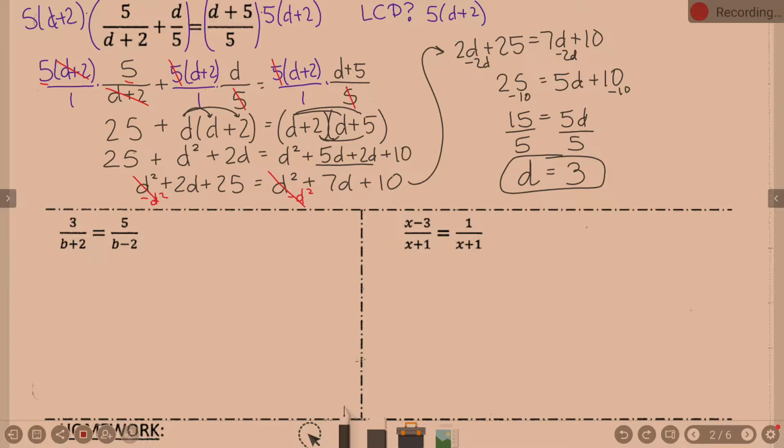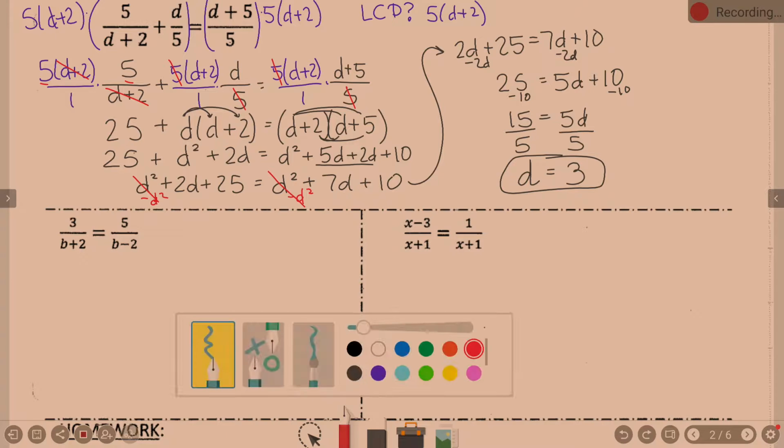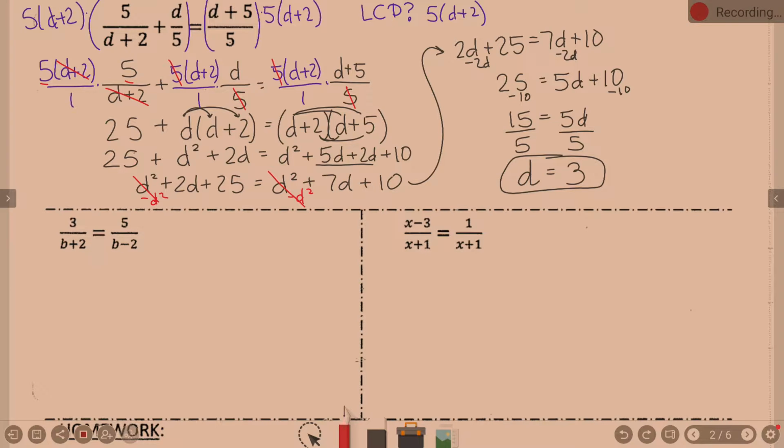Shortcut. Do you guys remember cross products? If you have a fraction equal to a fraction, it works. It doesn't work on the upper ones. The last one was fraction plus fraction equal to a fraction. You can only do cross products when it's fraction equal to a fraction. If you have that, you can multiply the diagonals and set them equal to each other.